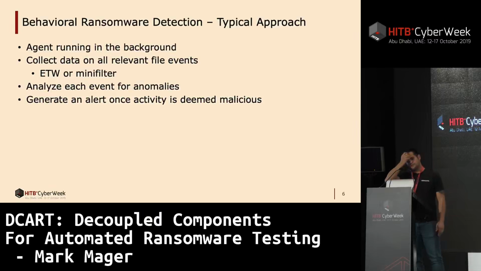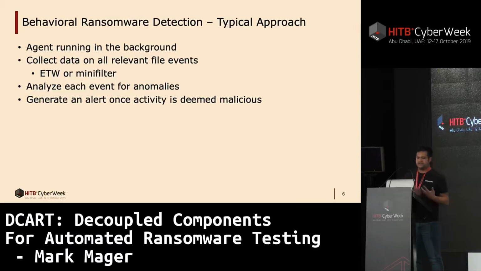So with a behavioral ransomware detection framework, a typical approach is to have an agent running in the background. You'll have a component that will tap into typically the mini filter driver or ETW for collecting different events on the file system.